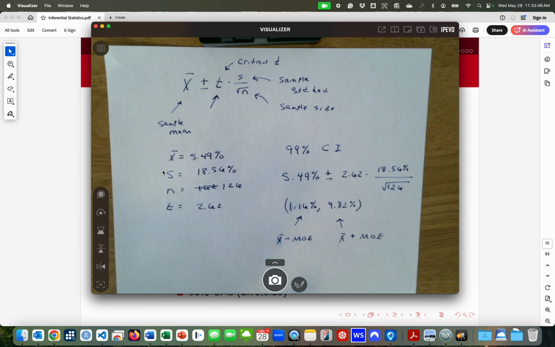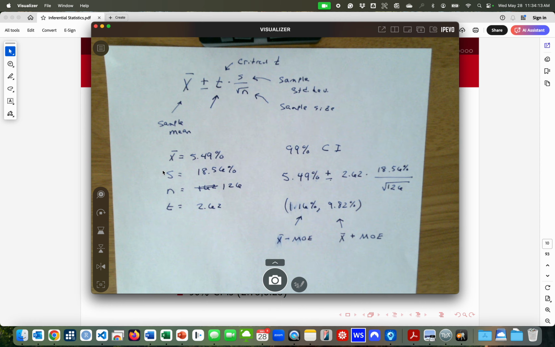And the same thing is true with the confidence interval. If you want to be more confident that your interval contains the true value, you need to produce a larger interval. If you want a small interval, the trade-off is you're going to be less confident in that interval, assuming S, N, and X bar stay the same.